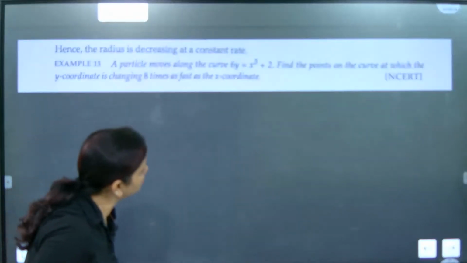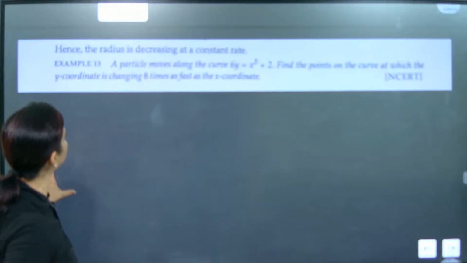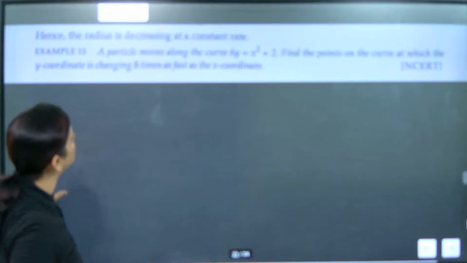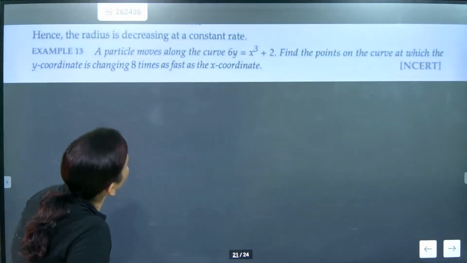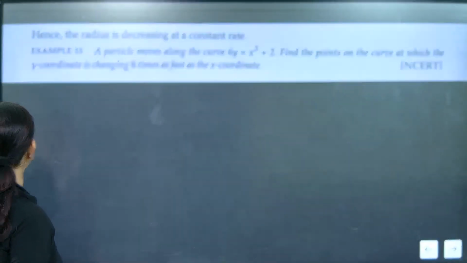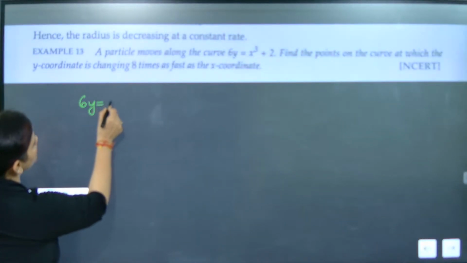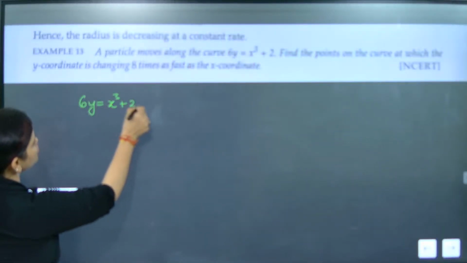A particle moves along the curve. So what is the equation given to you? A particle moves along the curve. It will be written 6y is equal to x cube plus 2.